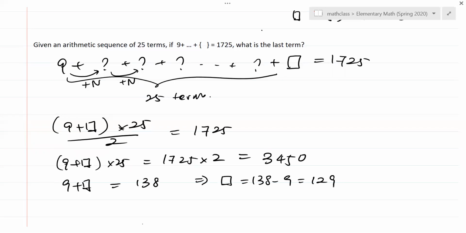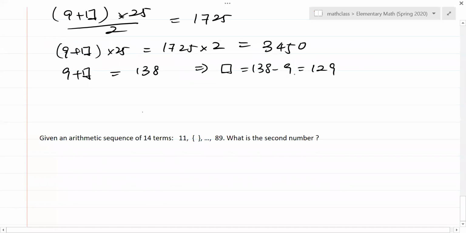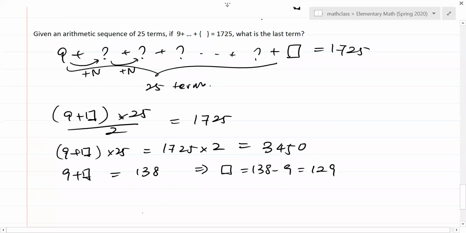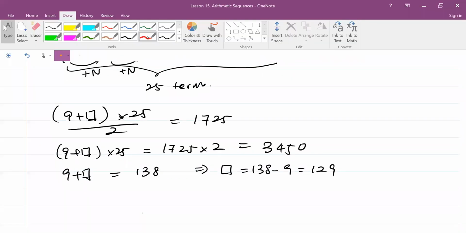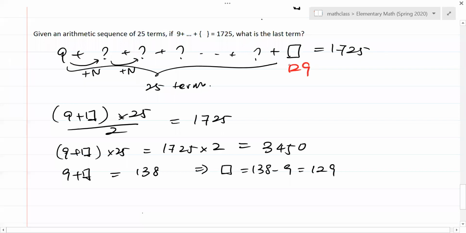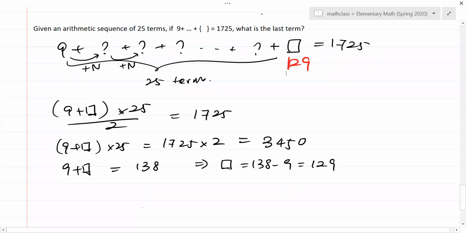Now the question is, what is the n? You have 25 terms. The last term is going to be 129. What is the n? You have to add 24 times of this n, right?